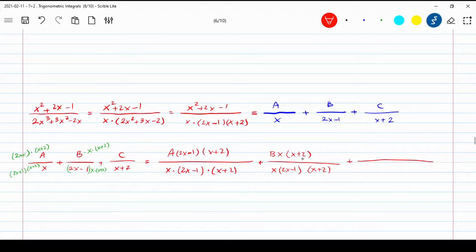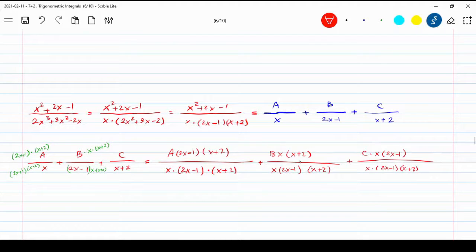If you multiply the other denominators, you would get x, 2x minus 1, and x plus 2, and the numerator, what we get is c times x times 2x minus 1.